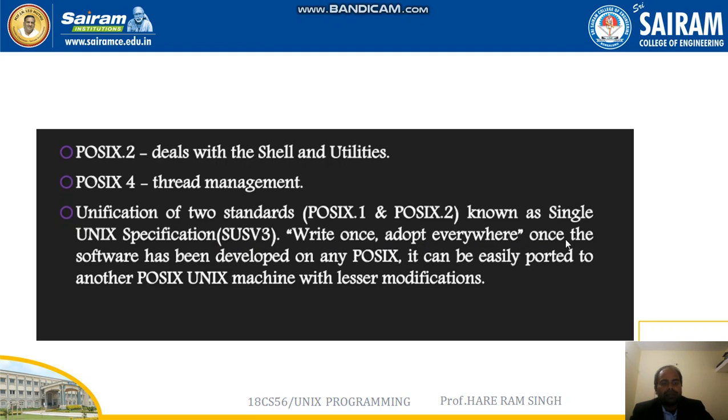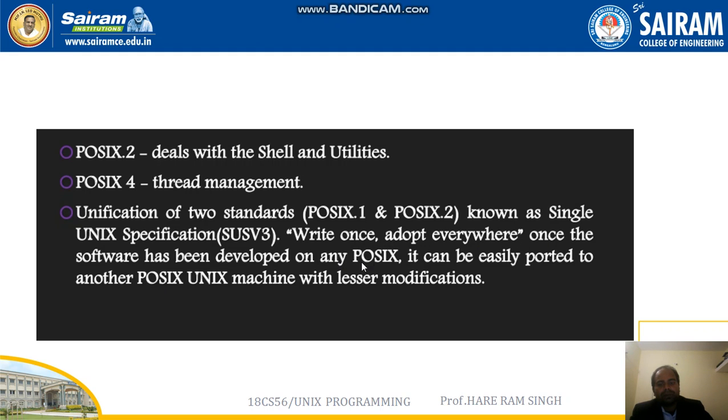Write once, adopt anywhere. Once the software has been developed on any POSIX system, it can be easily ported to another POSIX Unix machine with fewer modifications. So the combined version of POSIX.1 and POSIX.2 was formed, and that is called the single Unix specification. It has the feature: write once, adopt anywhere.